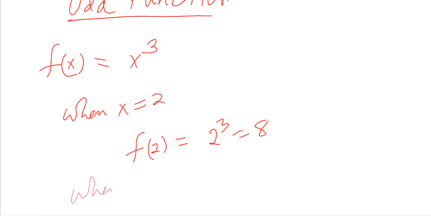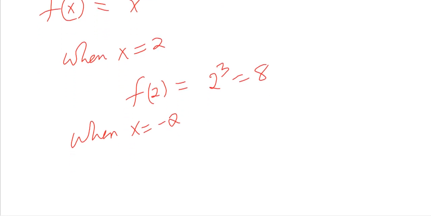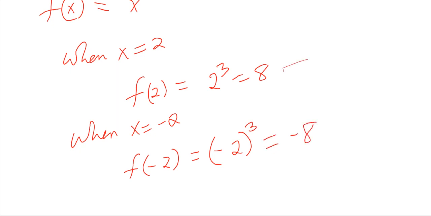And when x is minus 2, we change only the sign of the value of x. We see that f of minus 2 equals minus 2 raised to the power of 3, which is minus 8. If you look at this, the magnitude is the same, but only the sign differs.